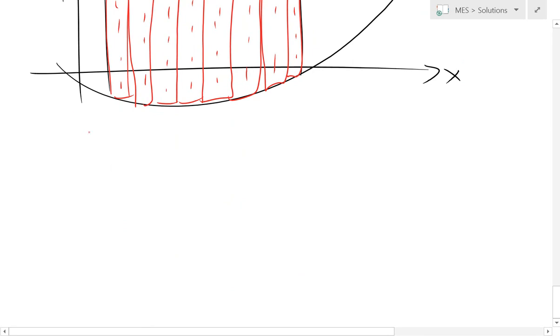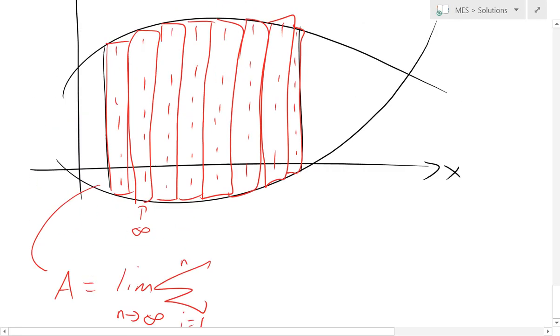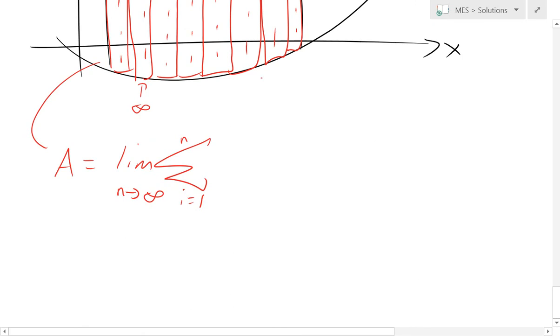We know that this becomes closer and closer to the actual area as you make an infinite number of these rectangles. So we could write the area as equaling the limit as n, the number of rectangles, goes to infinity, of the sum from i equals 1 up to n of the area of each and every rectangle.